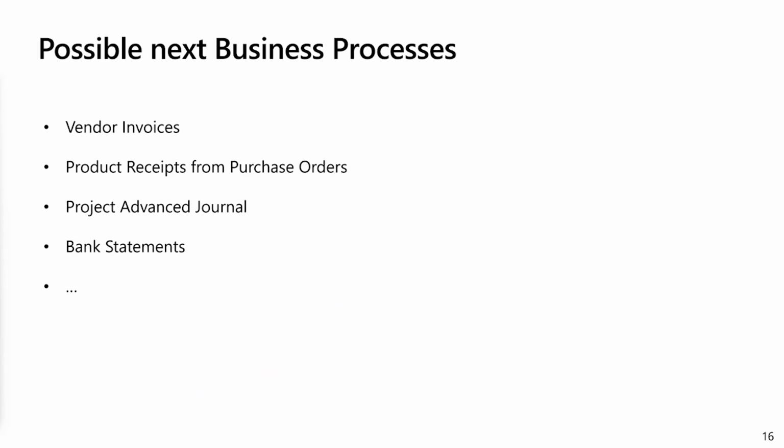Vendor invoices. In the next waves, this will be the next one, which will use the same divide and conquer approach to split the posting into posting and journalization. Same with product receipts, then project advance journal, bank statements, and there could be others too based on the feedback and on how these other posting processes go. These are all source document related processes.